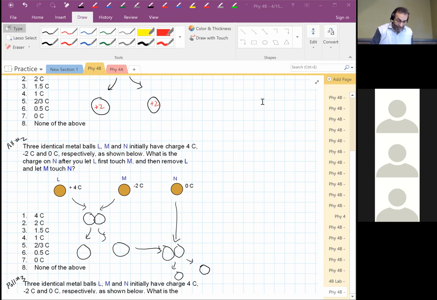So there's a net charge there between all of those charges of +2. So they're going to split up. So you get +1, +1, right? And so you have a +1 and a 0, and they are going to split up. So you get a half and a half.